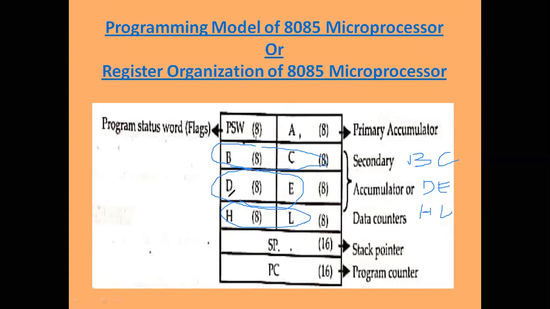This way we have 6 general purpose 8-bit registers and 3 register pairs: BC, DE and HL. Understood? Why do we need registers? We need these registers to store data temporarily during the execution of our program.